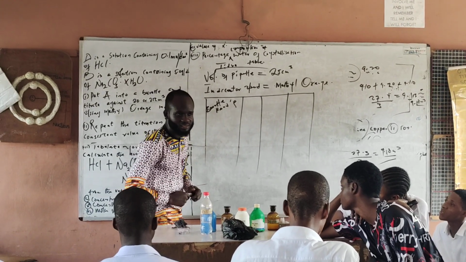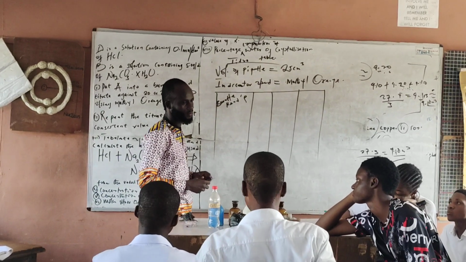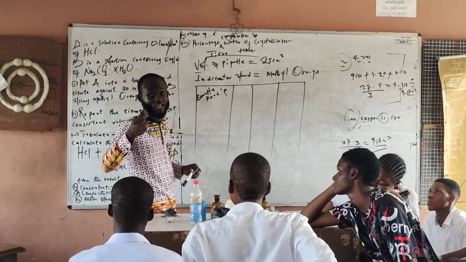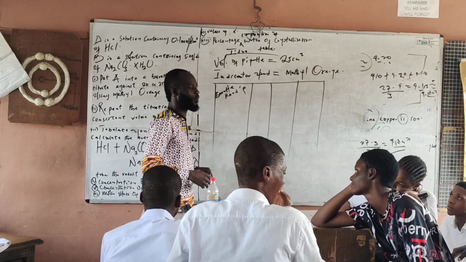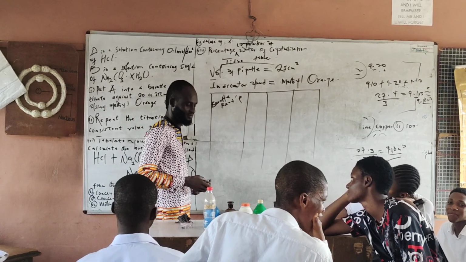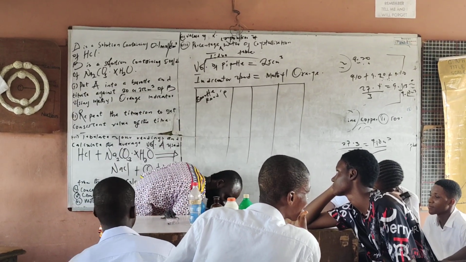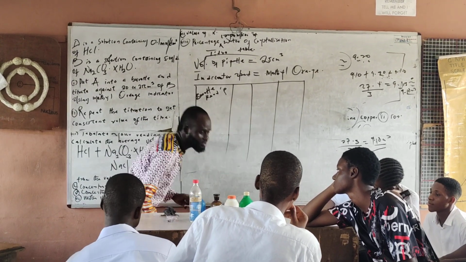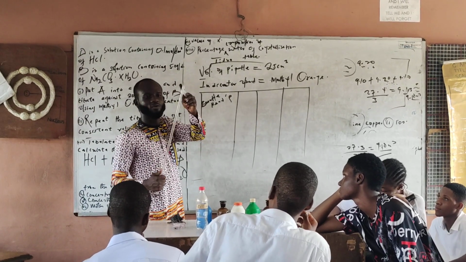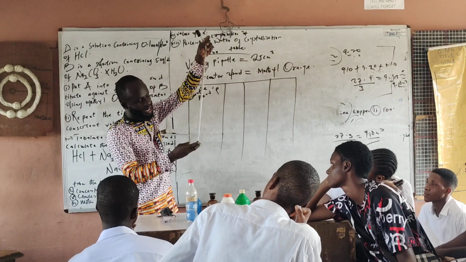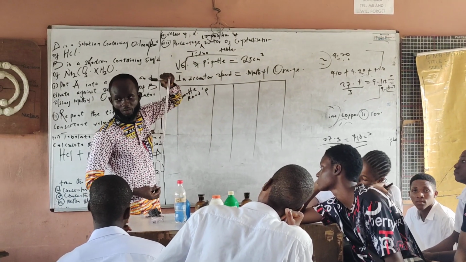The burette is measured 50 cm³. The measurement of the burette is twice that of your pipette. This is your burette, and the measurement is 50. This is 0. At this point, it's 50 cm³. Hope you can hear me.